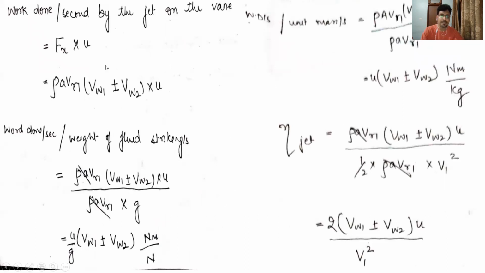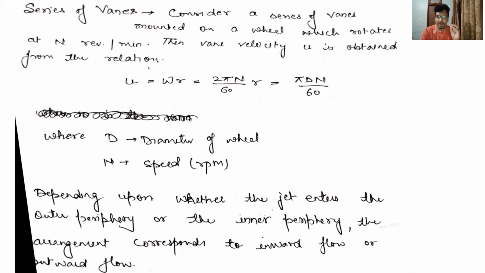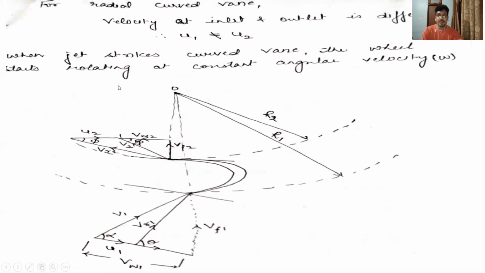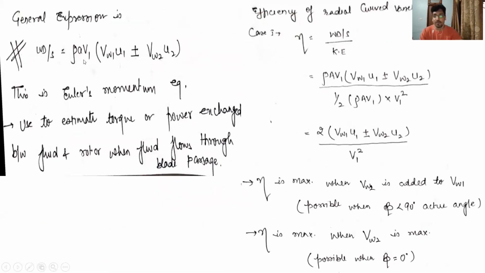So for the calculation of this case, all the things will remain the same, each and everything will remain the same. The thing that is going to be different is this one, that is we have to take the mass flow rate as rho A V1, because we have to use the full mass flow rate, because now we have a number of vanes on a wheel and the jet is coming out.